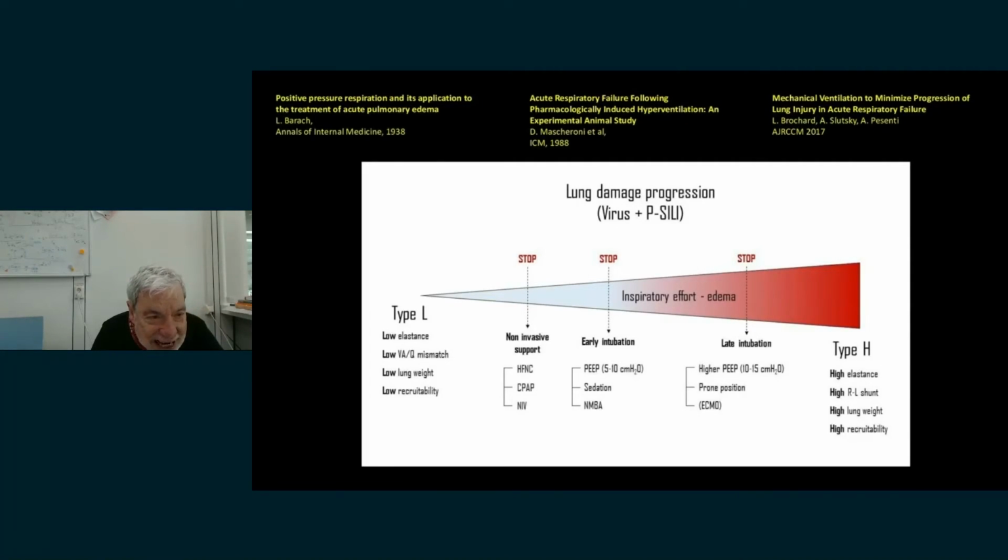These are the first signalations: Barak, a beautiful paper in Annals of Internal Medicine, Mascheroni and Kolobov in '88, and in 2017 Brochard, Slutsky and Pesenti in the Blue Journal. But it's always the same thing.